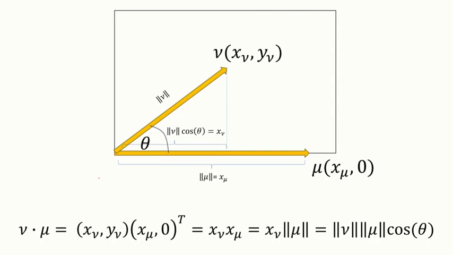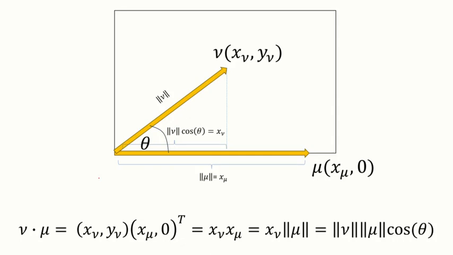Now we can put them together. So let's see. Mu, these two, the dot product is, let me put 1, 2, so put a dot product, so x, mu, y, and put that one here, x, mu, 0.